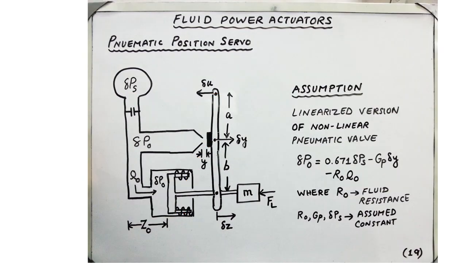Although this problem is highly nonlinear, we are going to make a linear model by making several assumptions. The first of them being the linearized version of the nonlinear pneumatic valve.